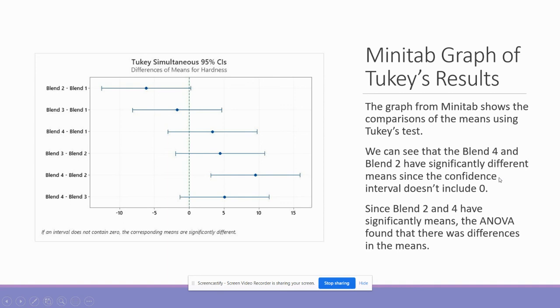Since blend 2 and 4 have significant means, the ANOVA found that there were differences in the mean, and the reason it rejected the null is because of this right here, the mean comparison of blend 4 and blend 2. Because remember, we're not looking at just one individual mean, we're looking at the relationship between the means.